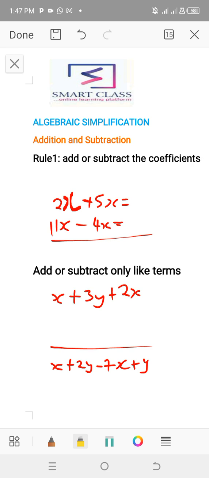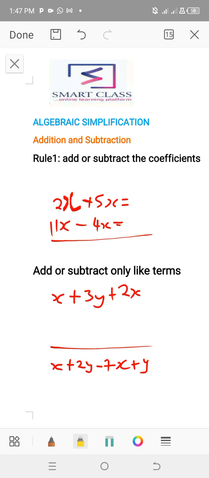Starting with addition and subtraction, the first rule to know is that you should add or subtract the coefficients. What we mean by coefficient is, if you write x, for example, the coefficient of x is 1. That means x is the same as 1x.